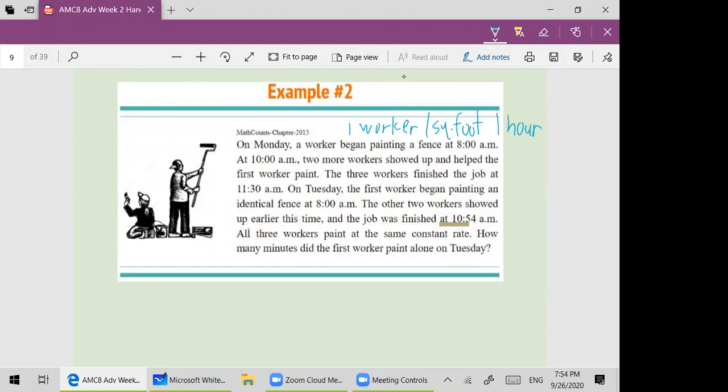You could also set this to be x, but you don't have to. You can just say that it's 1.